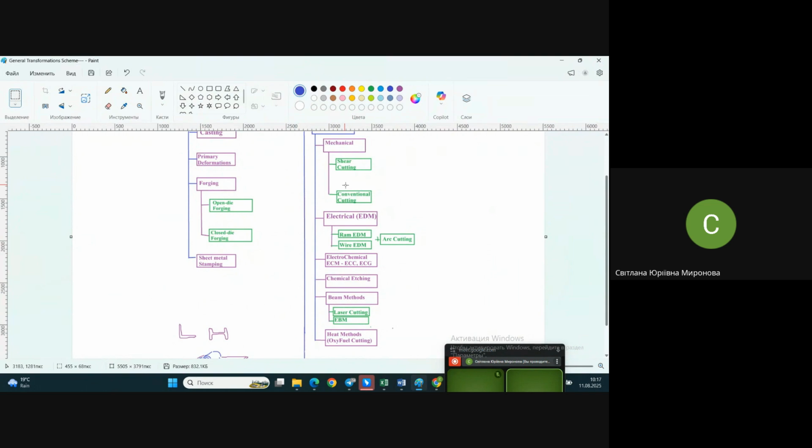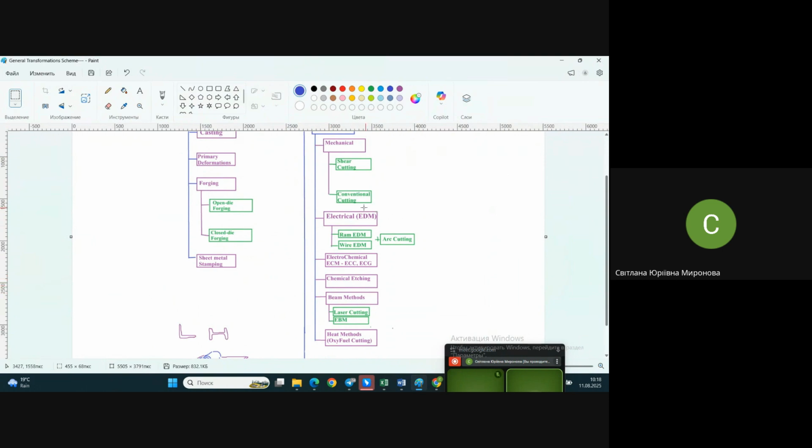In the scheme, look, you see the name conventional cutting in the mechanical group. These techniques that you are used to seeing and using, turning, milling, grinding, drilling, whatsoever, are normally called conventional cutting. Shear cutting, conventional cutting, everything else is called non-conventional cutting.